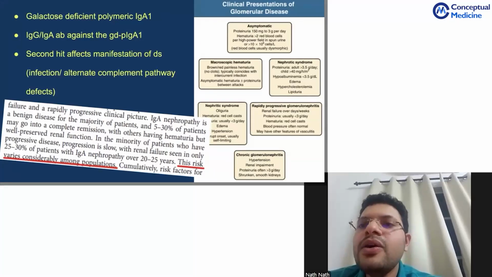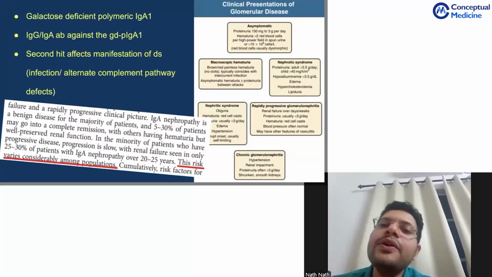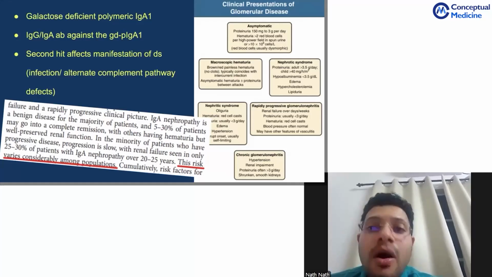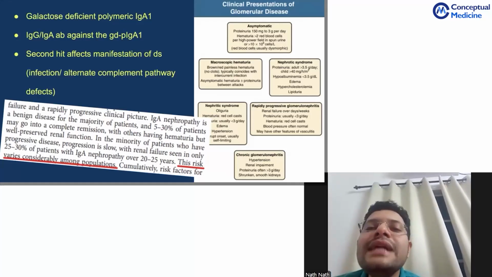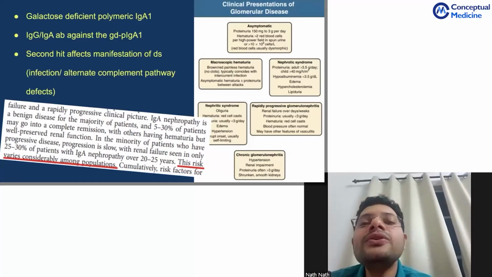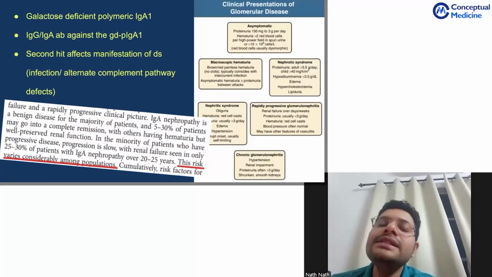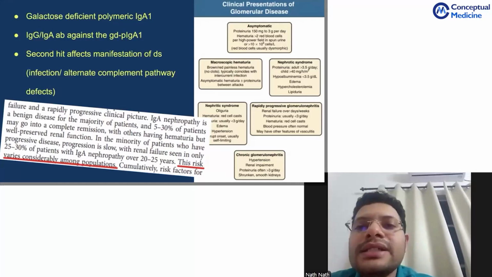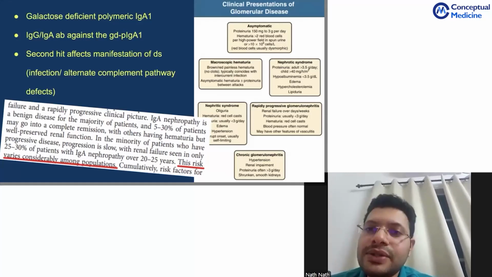Okay, now because of this, certain cryptic epitopes are now open to our immune system, and therefore it incites the formation of antibodies against the galactose deficient polymeric IgA1 molecule. And this antigen antibody complex is going to deposit in your kidney and set up the inflammation.